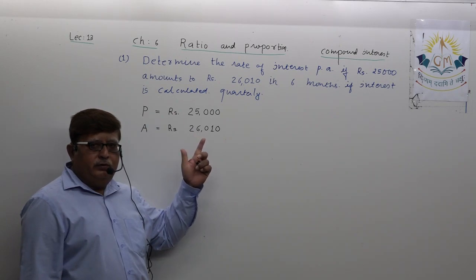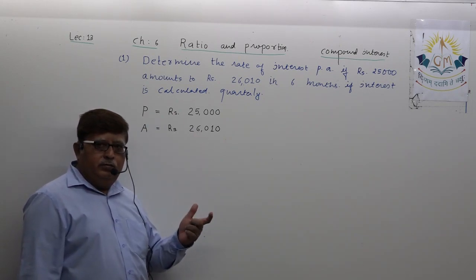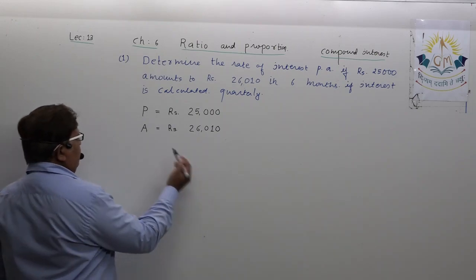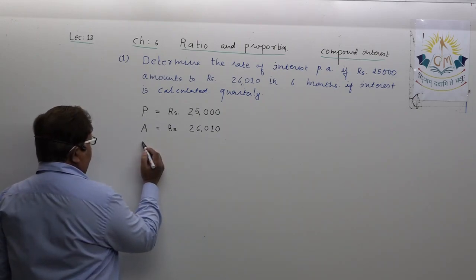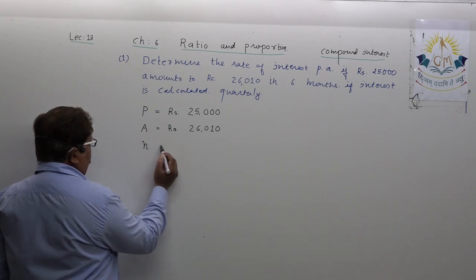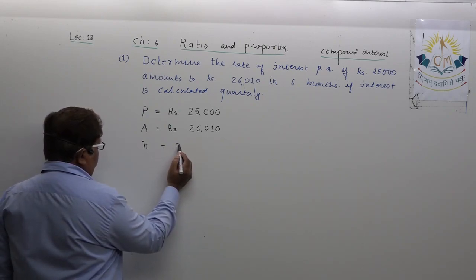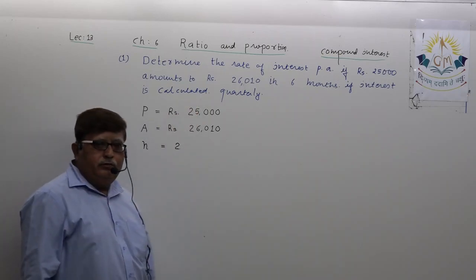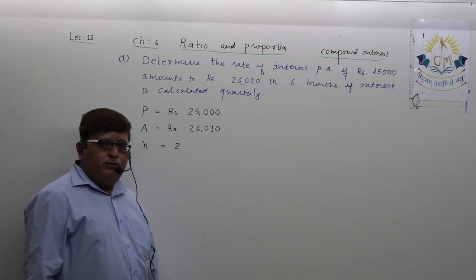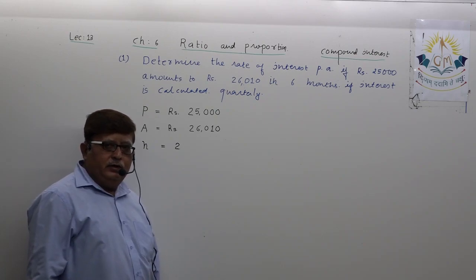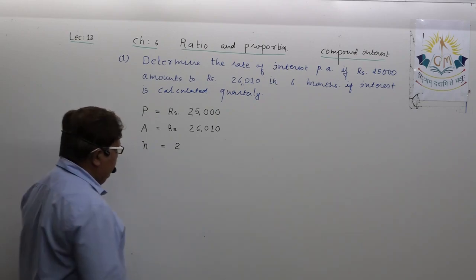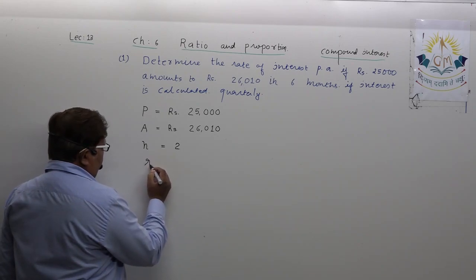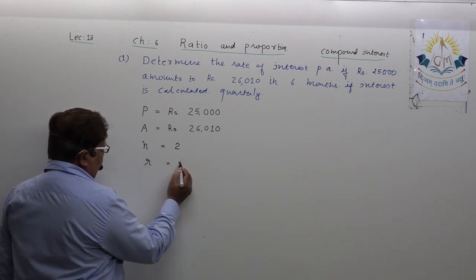So 6 months includes how many quarters? 2 quarters. Okay. So let me write here n equal to 2. Okay, dear student, because 6 months includes 2 quarters. You can understand 1 quarter is 3 months. And we are looking for rate of interest.